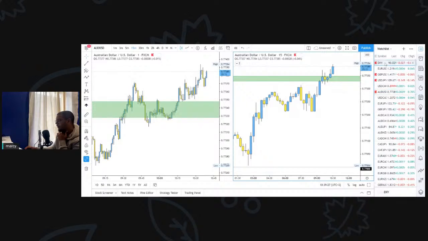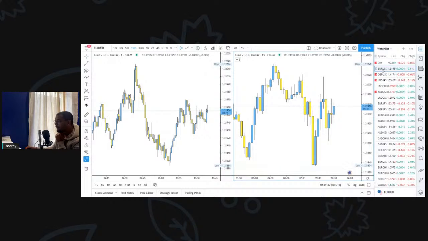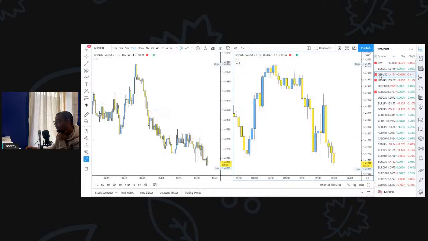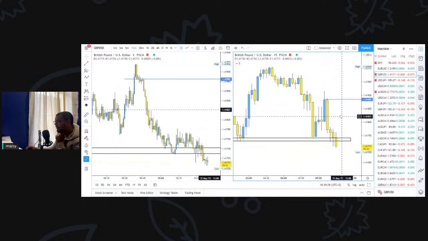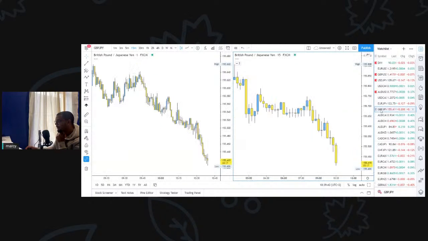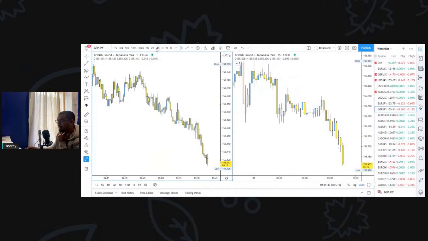Okay. This might be a bit of a tricky one. Why is the pound that weak? I think pound JPY is probably the best one. But this thing has been tumbling for so long actually.